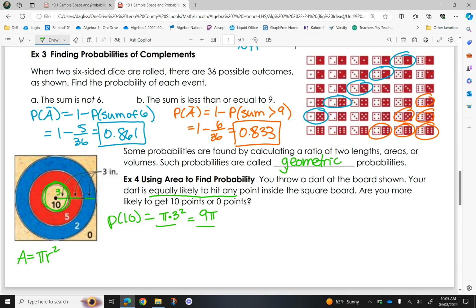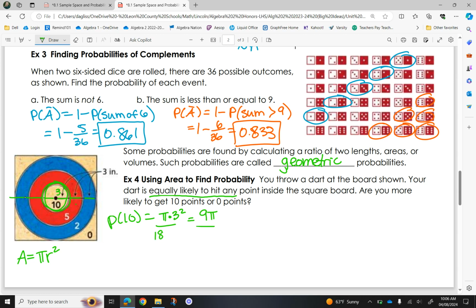Well, it told me it was a square board. That was nice, but I need to know one of the sides. So what is a side of the square? There's 3, 6, 9, 12, 15, 18. So it's 18 inches across the board.